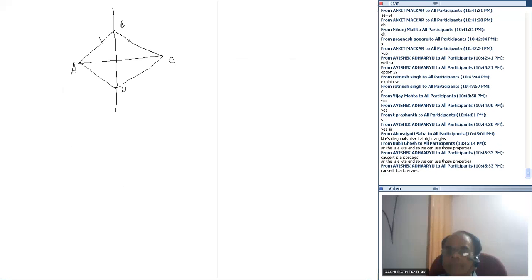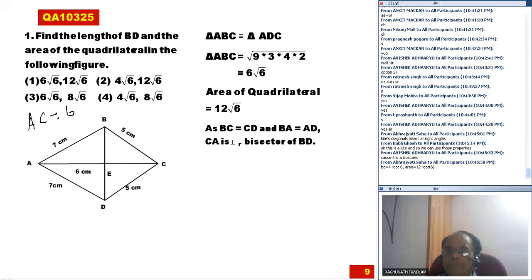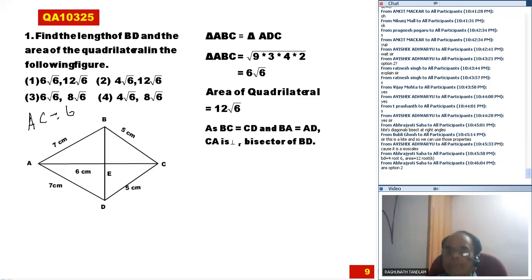Please note down. Because BC equals CD and BA equals AD, CA is the perpendicular bisector. From that you can get the answer. 6 root 6 equals half into 6 into BE, so you get BE as 4 root 6. Right.